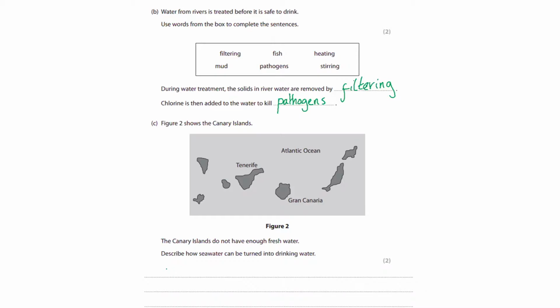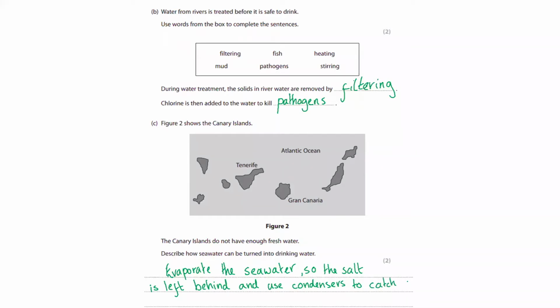What you could do is evaporate the seawater, so the salt is left behind, and use condensers to catch the water. The best thing to do for this is to draw it.